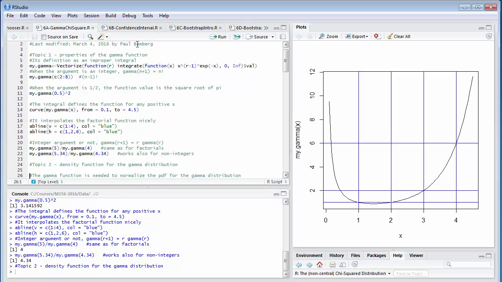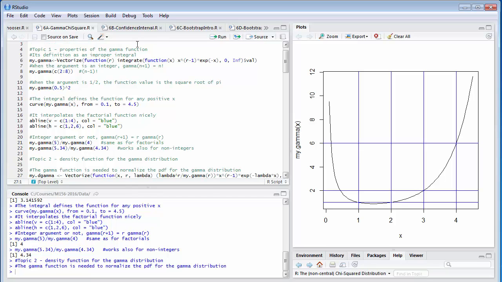Now for the gamma distribution. This is called the gamma distribution only because what you need to normalize the probability density function so that the total probability is 1 is a gamma function. There is already a dgamma built into R, but I'm going to define my own and call it my dgamma. And the density function is parameter lambda raised to the r power divided by the normalization factor, my gamma of r.